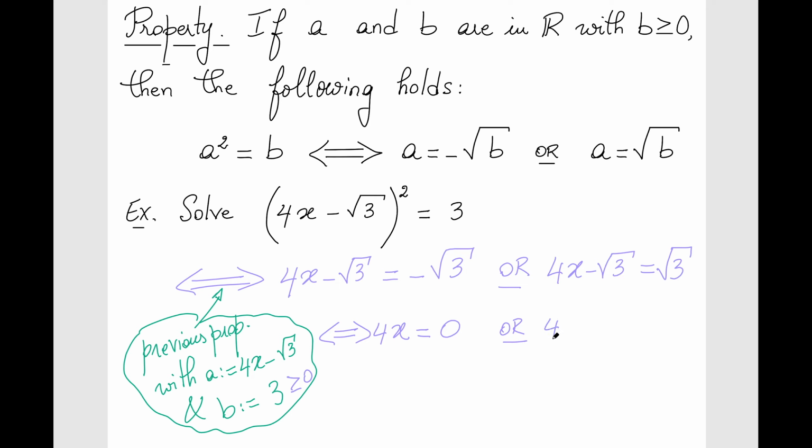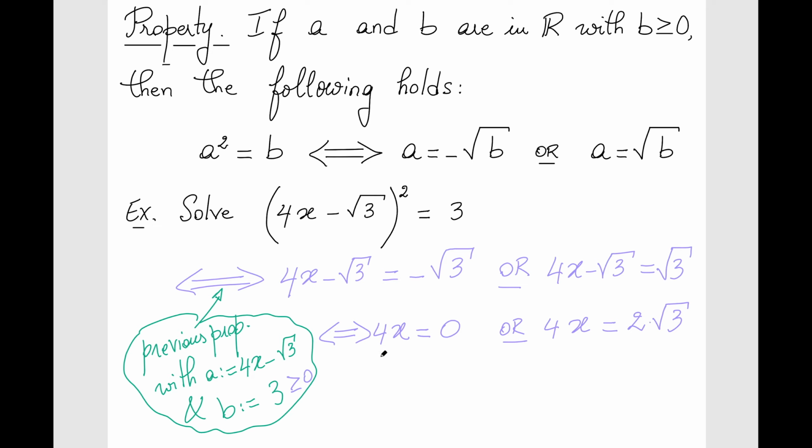I'm going to get 4x equals, so I added square root of 3 here, I have to add square root of 3 here to pick up an equivalent equation. And square root of 3 plus square root of 3 is 2 times square root of 3, right? An object plus itself is twice the object.